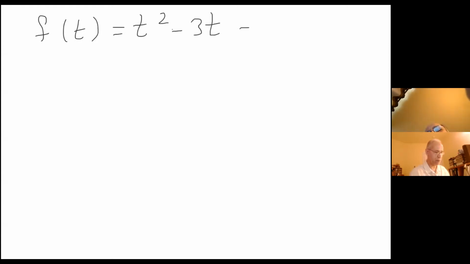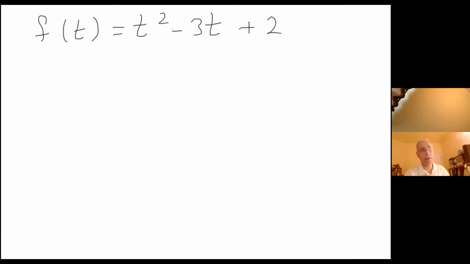So let's have a very basic example of a particle moving according to a certain path. Suppose that path is f of t equals t squared minus 3t plus 2.